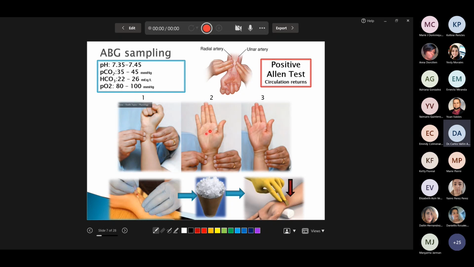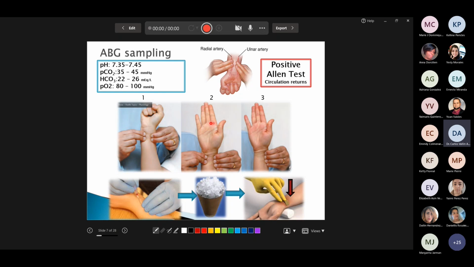You ask the patient to open the hand, and see that the hand is very pale, extremely pale, it's blanched. And then you release the pressure of the ulnar artery without releasing the pressure in the radial artery. You see here, you need to see that the hand that was pale becomes now red.